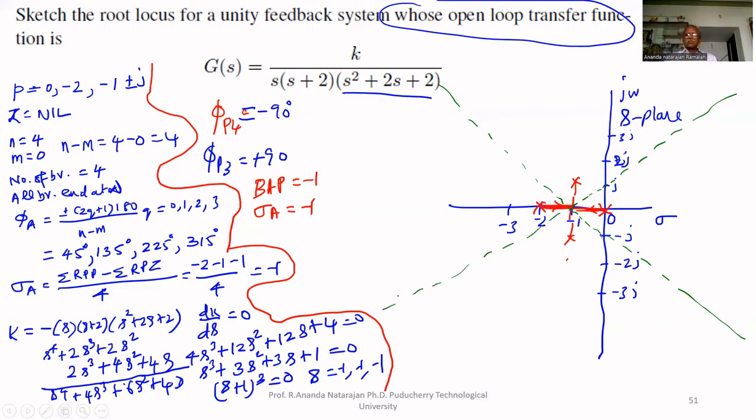So there are 4 asymptotes, which we also found. They are cutting the imaginary axis at plus j and minus j. These are all asymptotes.